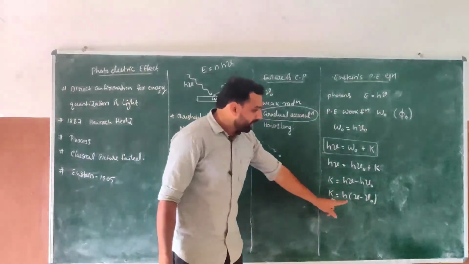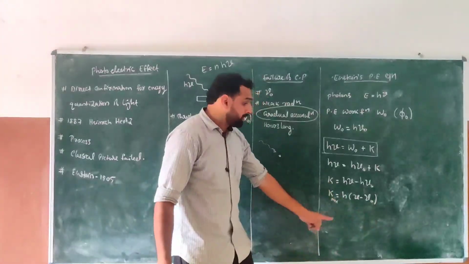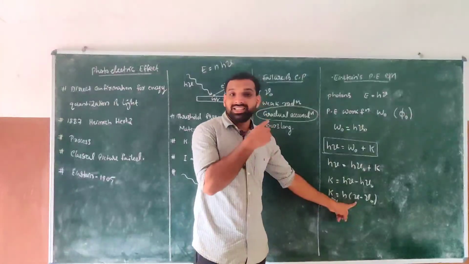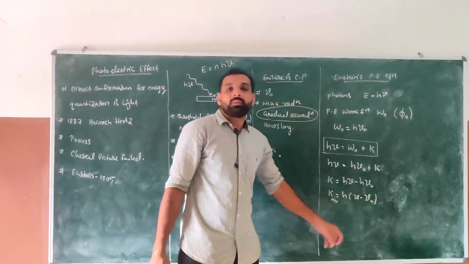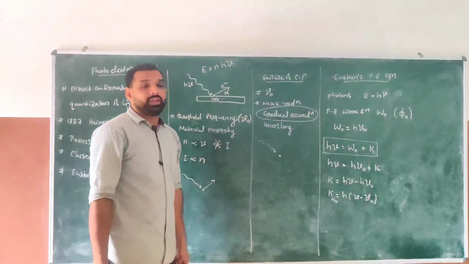K equals h into (nu minus nu 0). What is nu? Frequency of the incident radiation. What is nu 0? It is the threshold frequency.